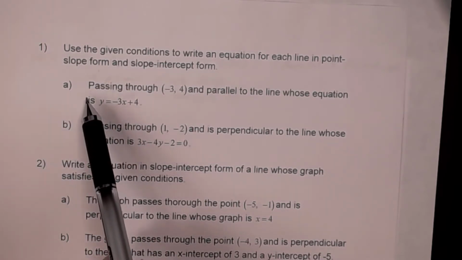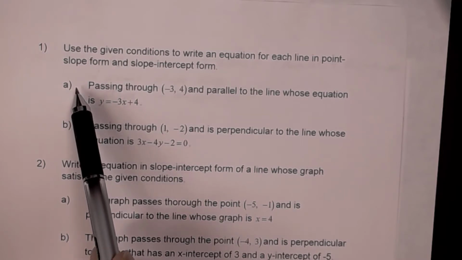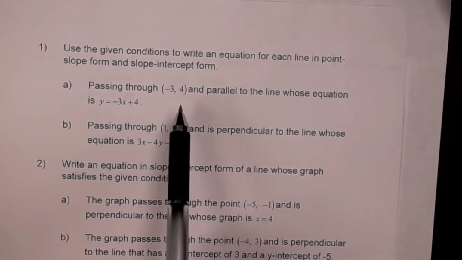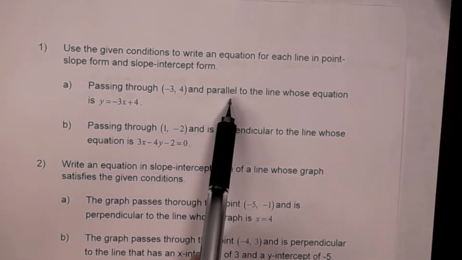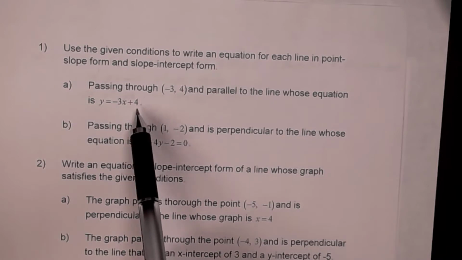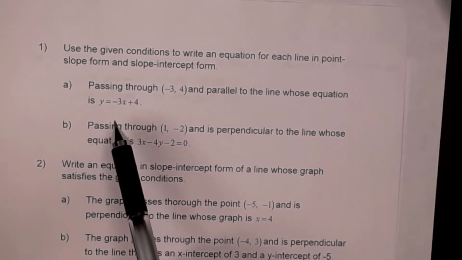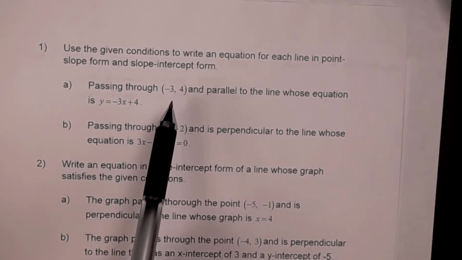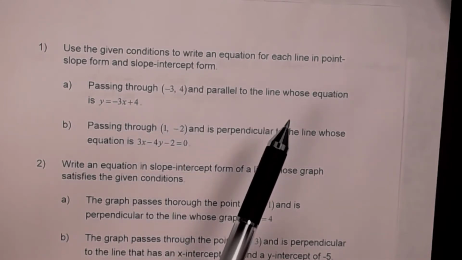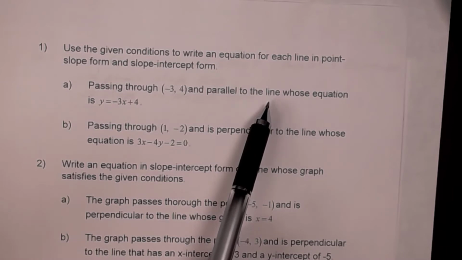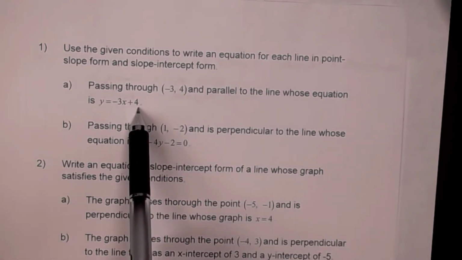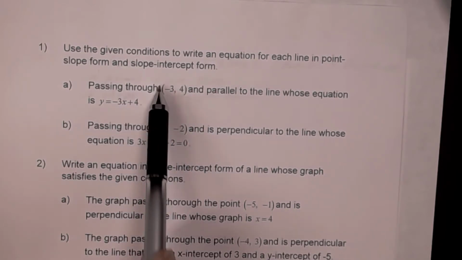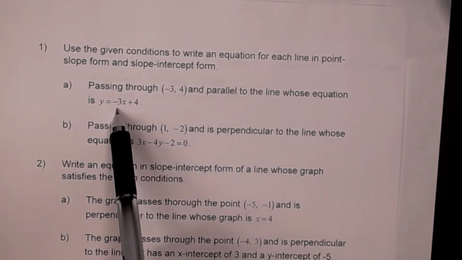You're told in the first problem that you have a line that's passing through this point and is parallel to the line whose equation is this. You want to find the equation of a line that passes through this point and is parallel to the line whose equation is this. So we are talking about parallel, right? The line that goes through this point and this line here are parallel.